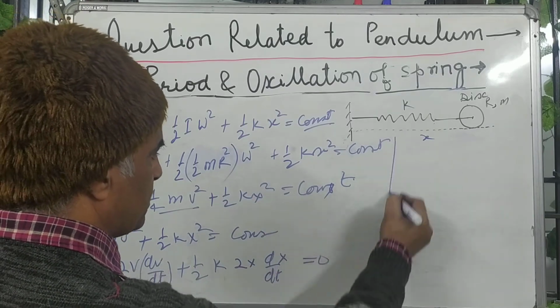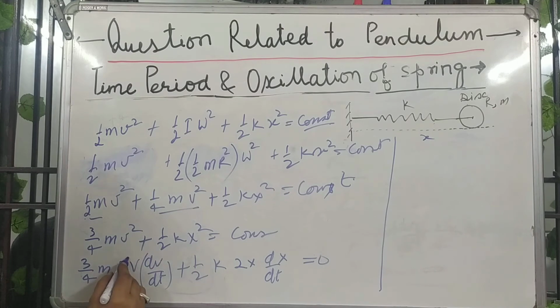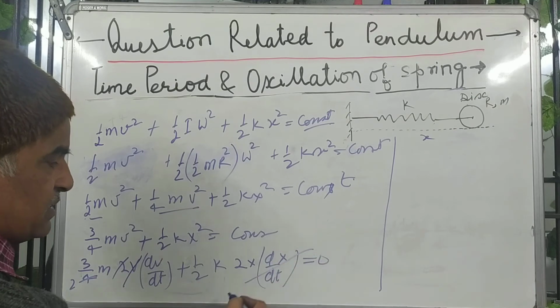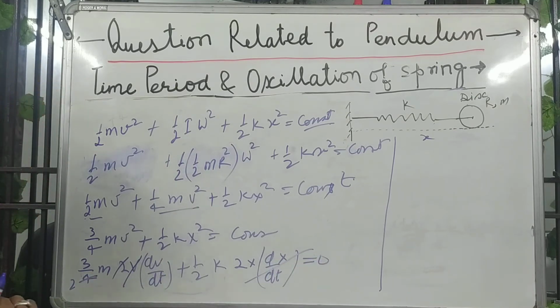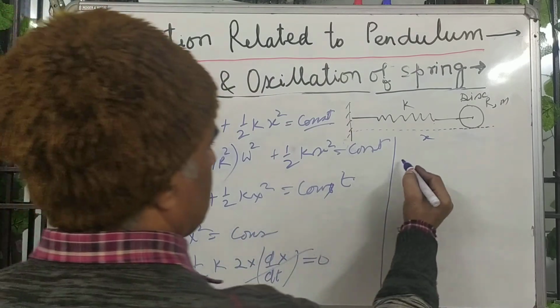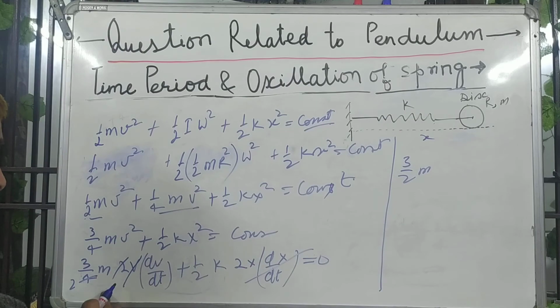So further, 3 by 4 times 2 gives 3 by 2 m, and this is velocity and this term is velocity, so velocity and velocity cancel.